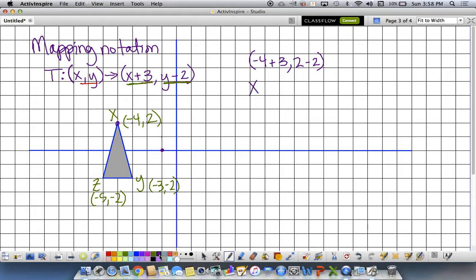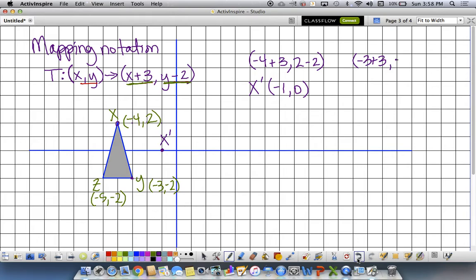So my x prime will simply be negative 1, 0. Is that where we landed? Yes, it is. So that will be my x prime. Now I'm going to take y and move it to y prime. Could I take this negative 3 and add 3 to it with my mapping notation? Yes.